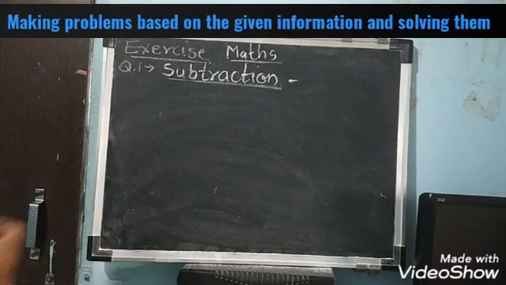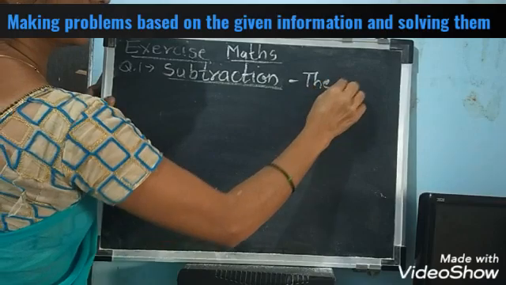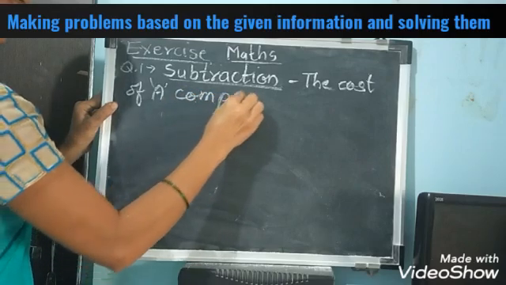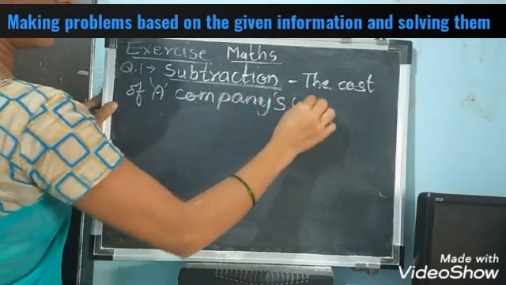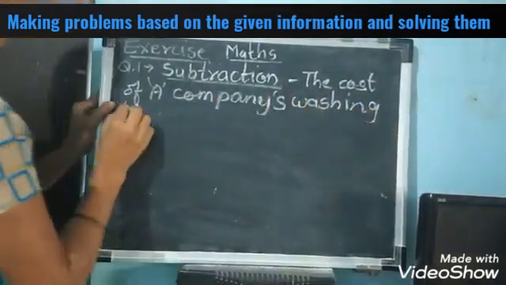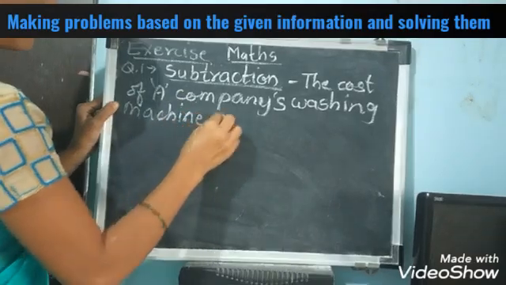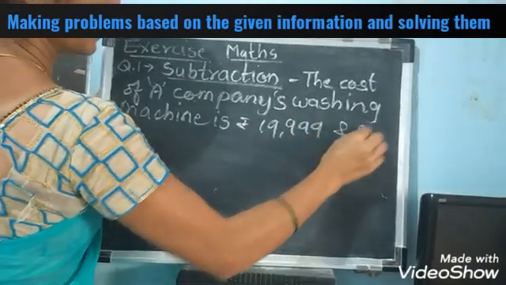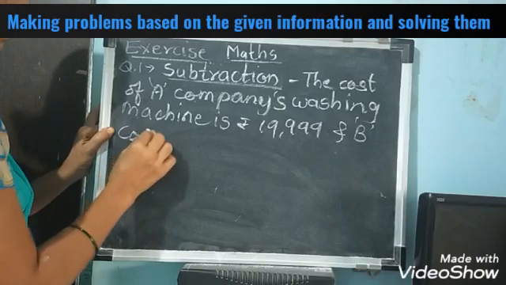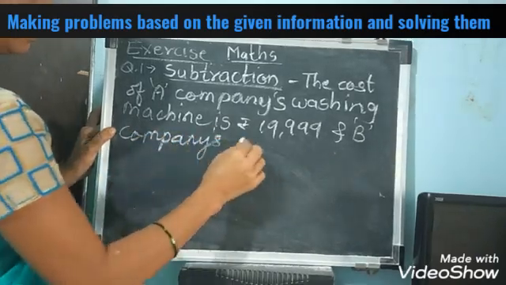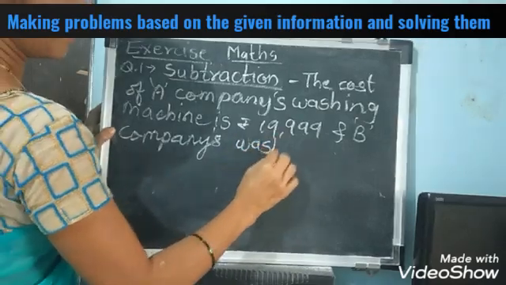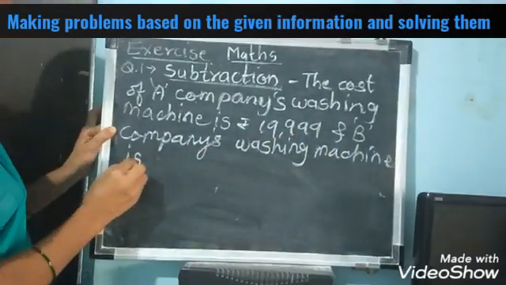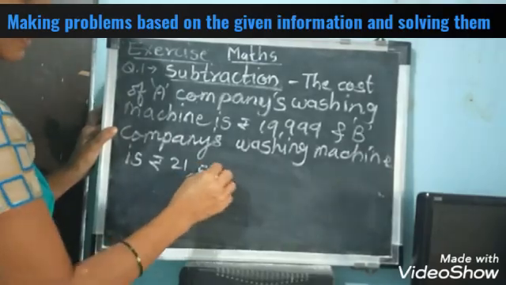The cost of A company's washing machine is rupees 19,999 and B company's washing machine is rupees 21,550.